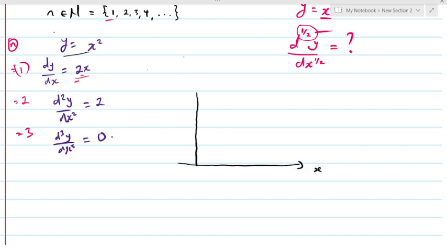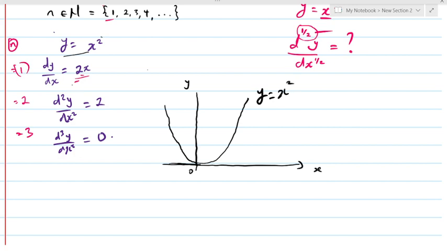You see, this is our x, this is our y, and our origin is 0. Alright, this is a quadratic. You have power 2. That means that we have a parabola, or we have a curve graph. That's y equals x squared.